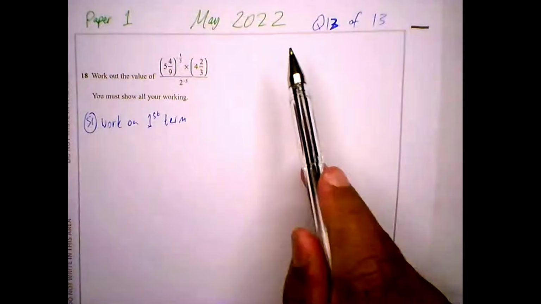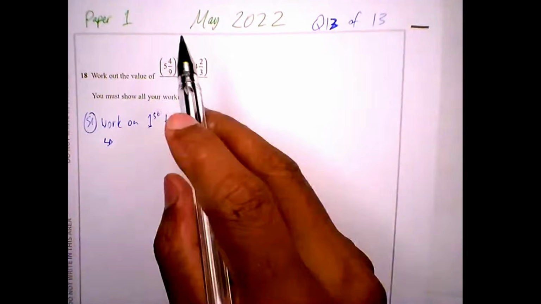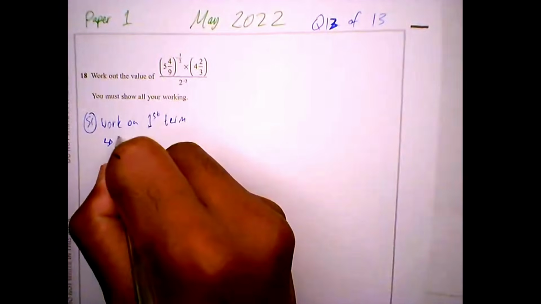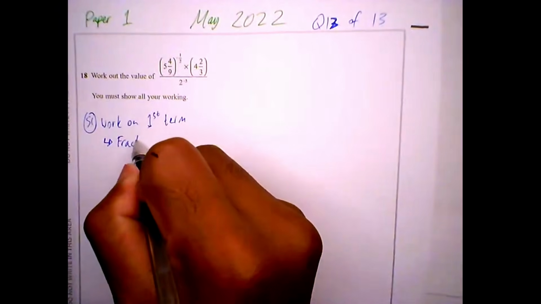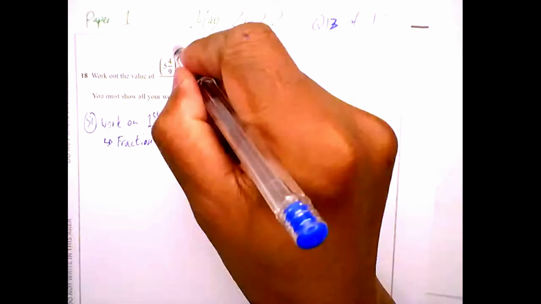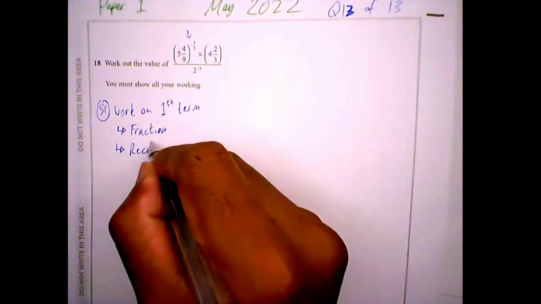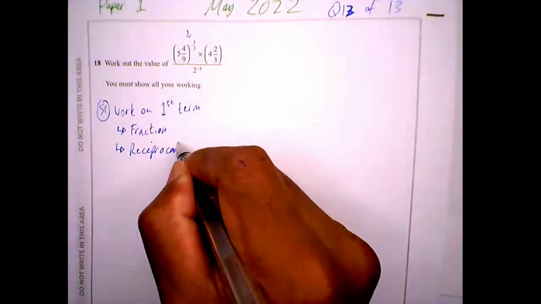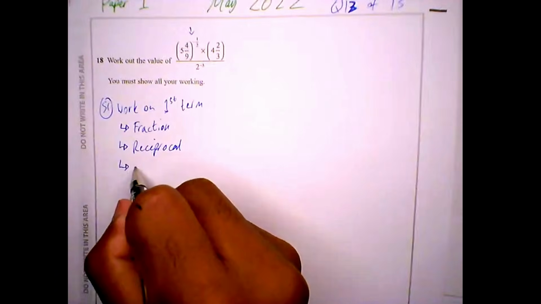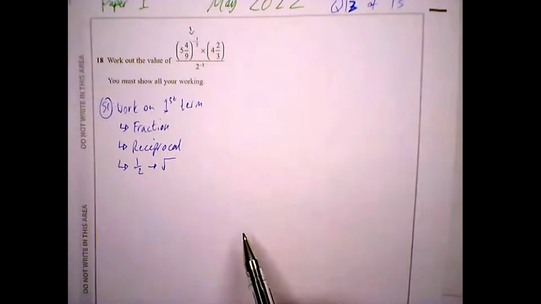Here I'm going to have to change this mixed number to a fraction. After I've changed it to a fraction, this has got a negative, so I've got a reciprocal, and then my power is a half, and a half is square root. Okay, so that's one thing.